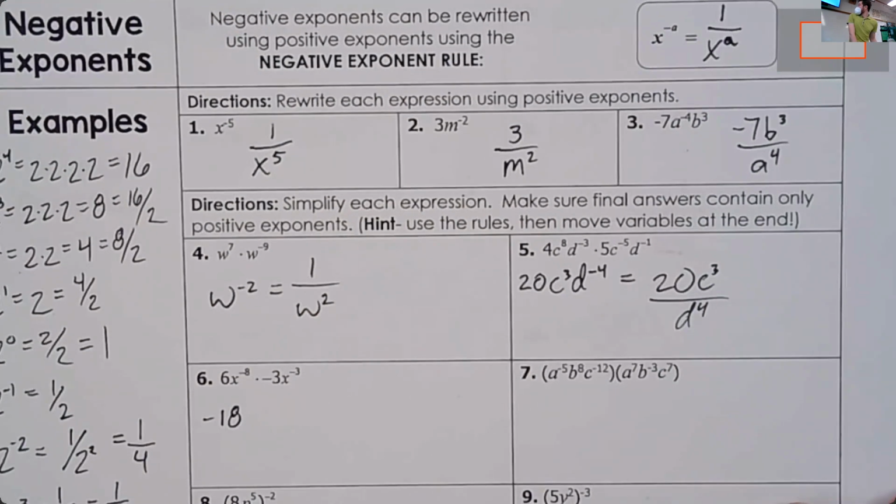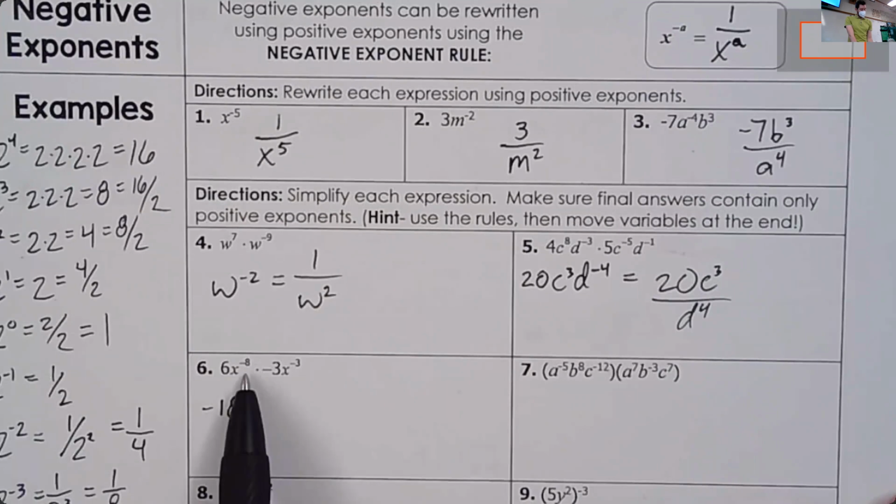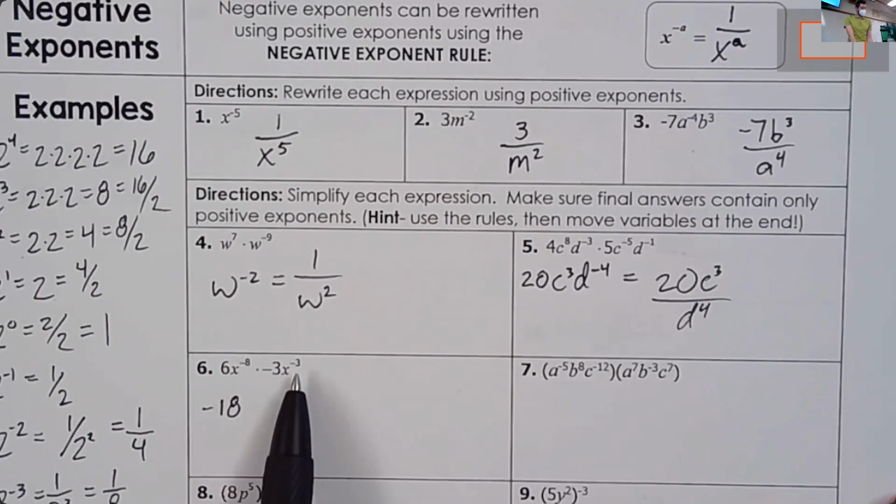All right. And then x to the negative 8 times x to the negative 3. We need to add together those two exponents. So what does negative 8 plus negative 3 equal?